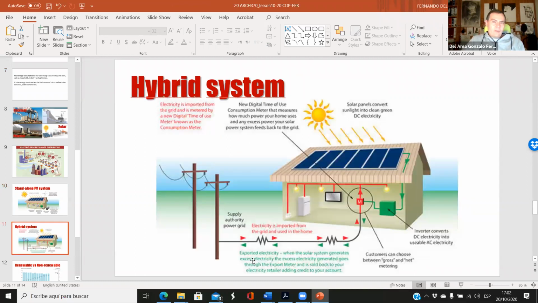And to have a backup, I can connect my house to the supply grid. And just in case something terrible happens, I'm sure that I can run all my devices, my heating system, my cooling system, my refrigerator, everything.